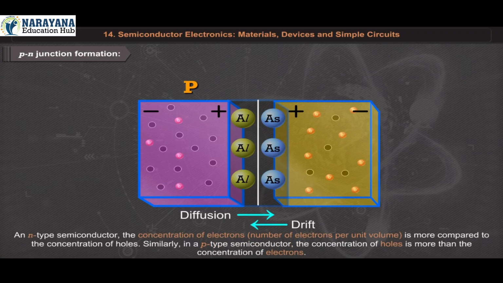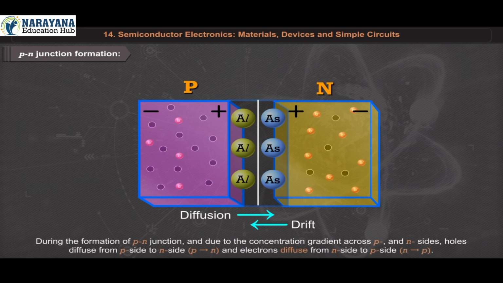In an n-type semiconductor, the concentration of electrons, that is number of electrons per unit volume, is more compared to the concentration of holes. Similarly, in a p-type semiconductor, the concentration of holes is more than the concentration of electrons. During the formation of PN junction and due to the concentration gradient across p and n sides, holes diffuse from p side to n side, that is p to n, and electrons diffuse from n side to p side, that is n to p.